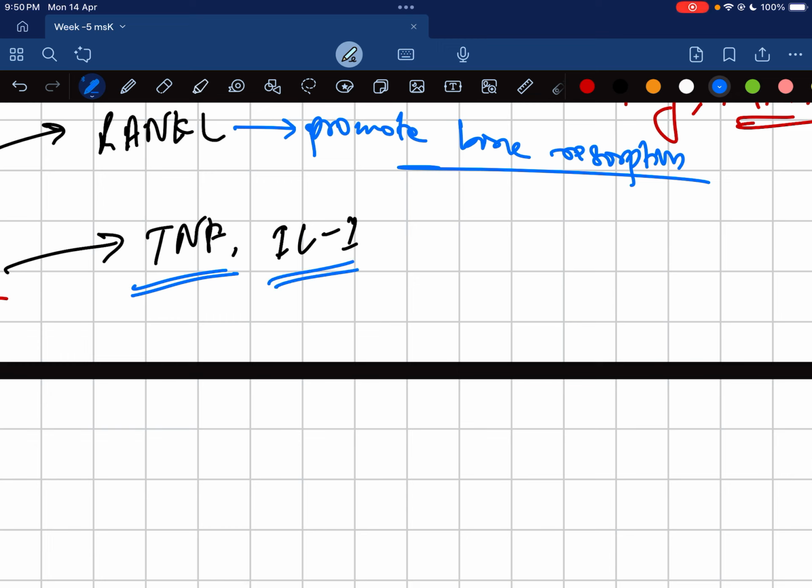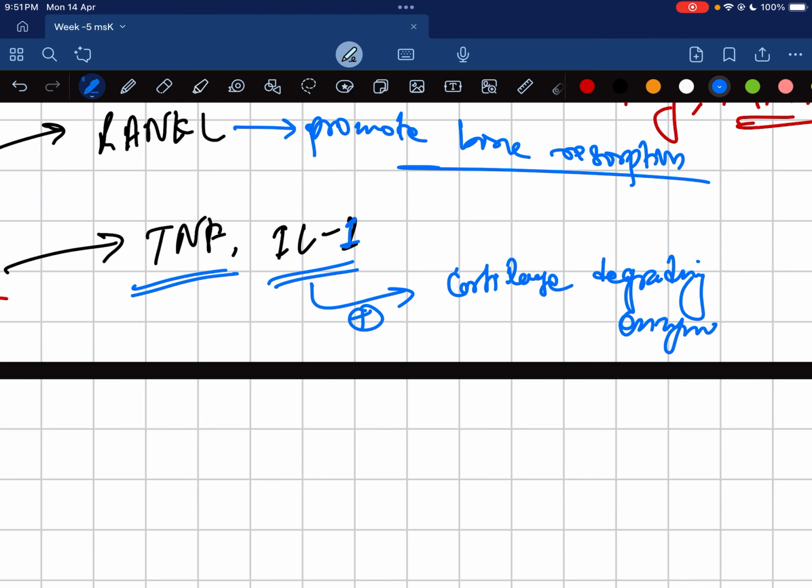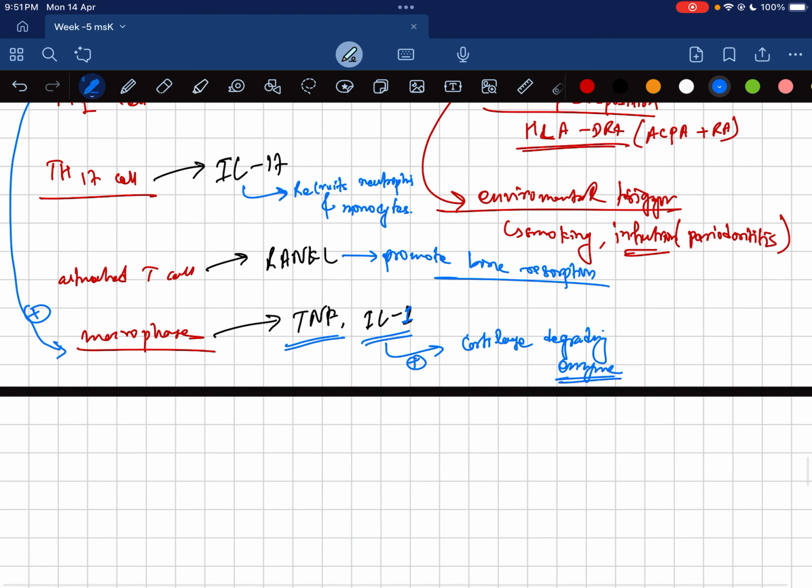TNF and interleukin 1 from macrophages stimulate cartilage-degrading enzymes. So TNF is a central mediator.